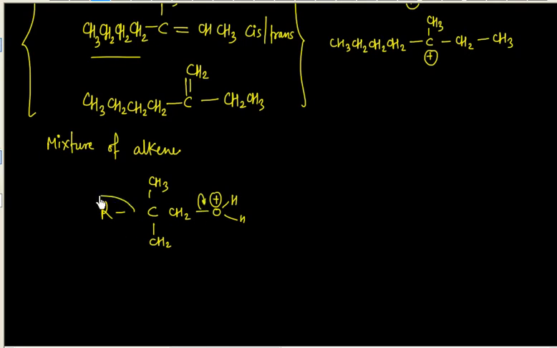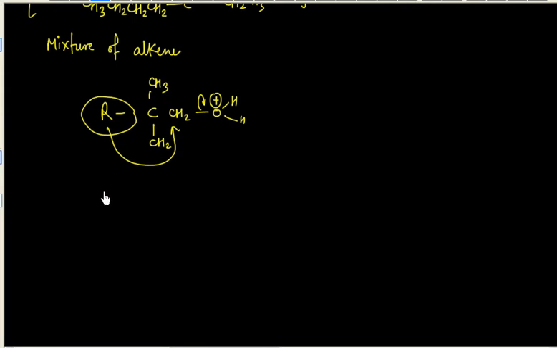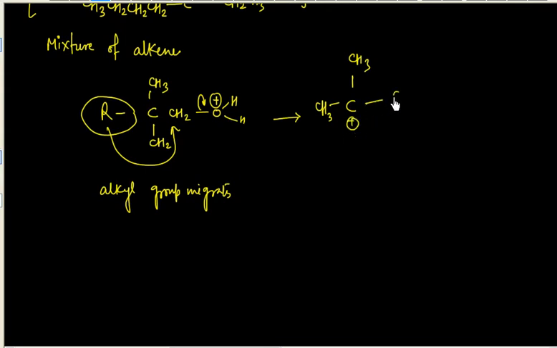When this group goes here and this group migrates here, this time it is an alkyl migration. This is not a methyl migration, this is another alkyl group. The alkyl group migrates, so I will have something like this. One arrow is enough. Now this carbon will contain the positive charge, and here you have CH2R, and R is basically 4 carbons, CH2, CH2, CH2, and then CH3.